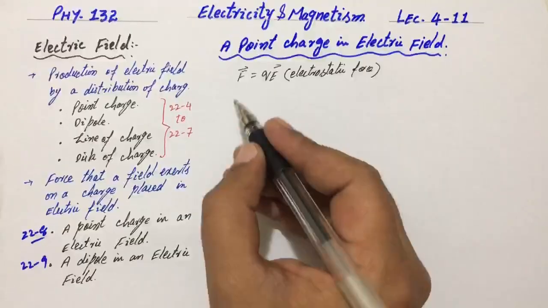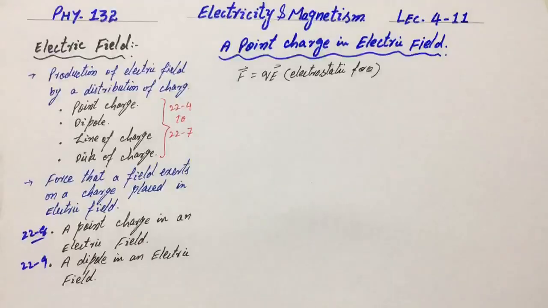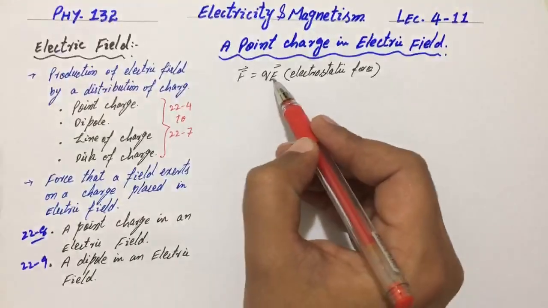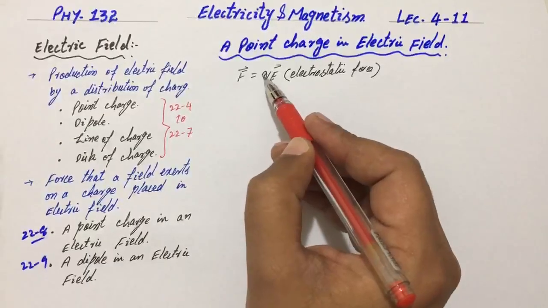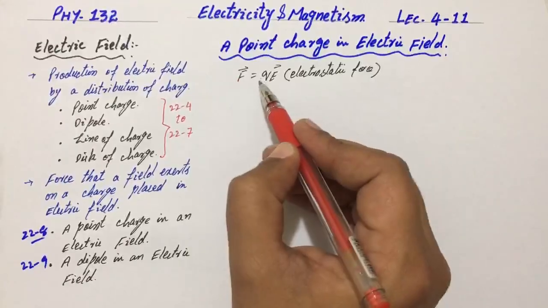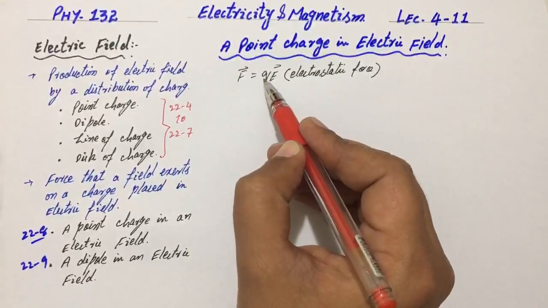We have already discussed that this electrostatic force has the same direction as the electric field when the charge is positive, and the opposite direction to the electric field when the charge is negative.